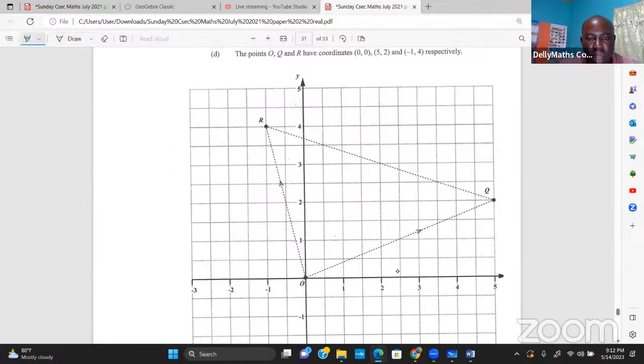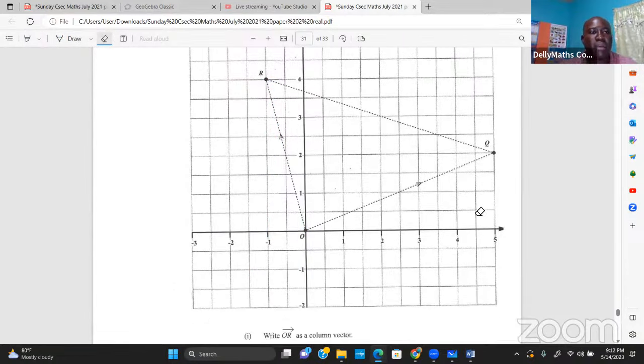Check it out. Would have gone 1 place to the left and 1, 2, 3, 4 places up. 1 to the left, 4 up. So that's -1, 4. But you never had to do that because the coordinate is actually -1, 4.